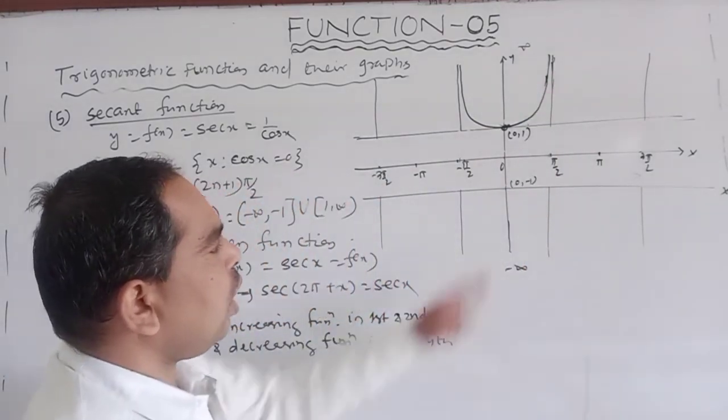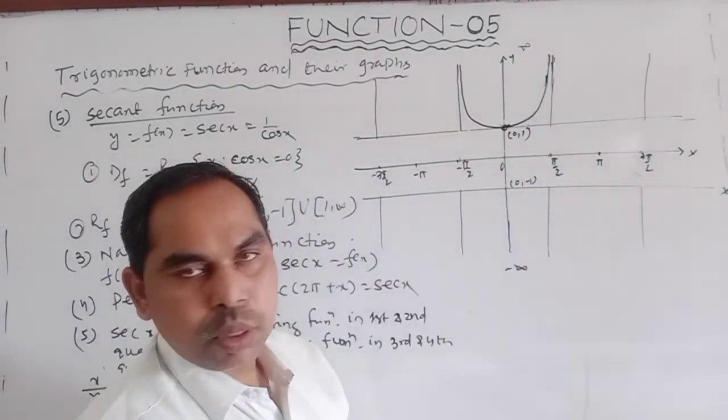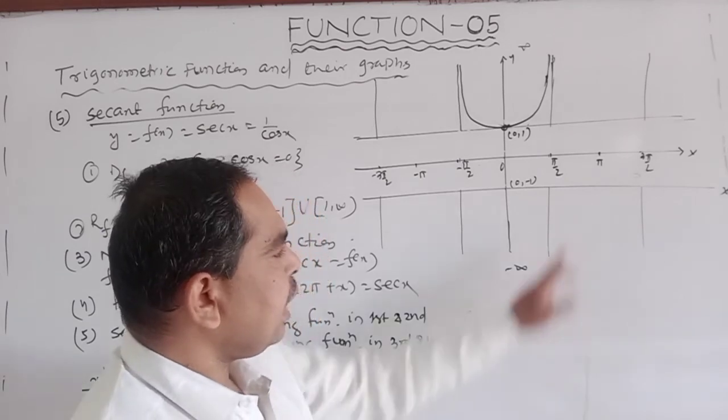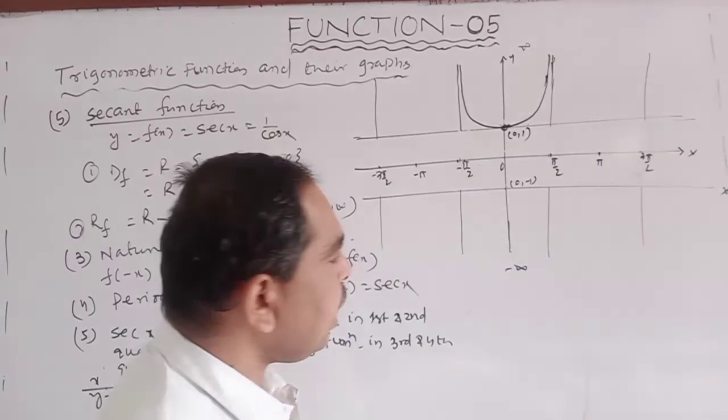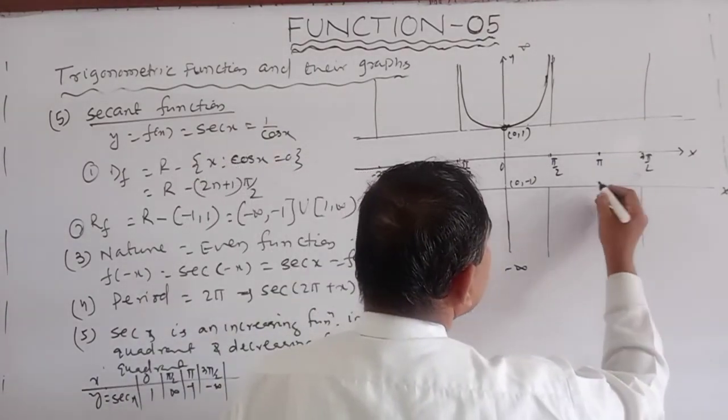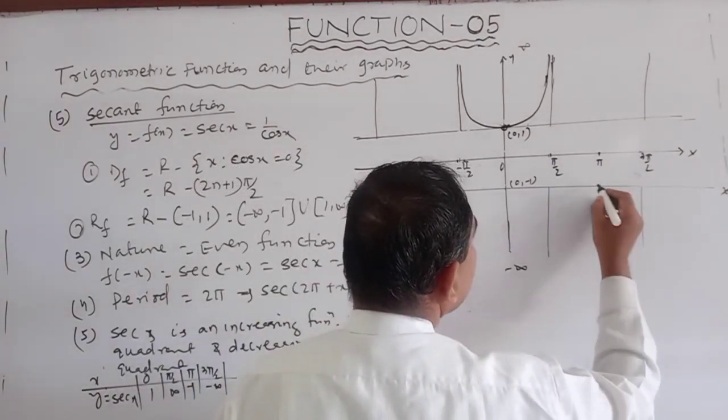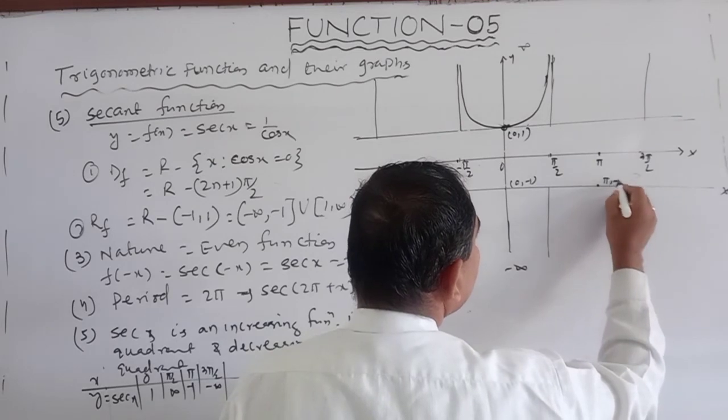So in the first and fourth quadrants sec is positive. Next, in the second and third quadrants sec is negative. Sec pi is minus 1, so this is the point pi comma minus 1.